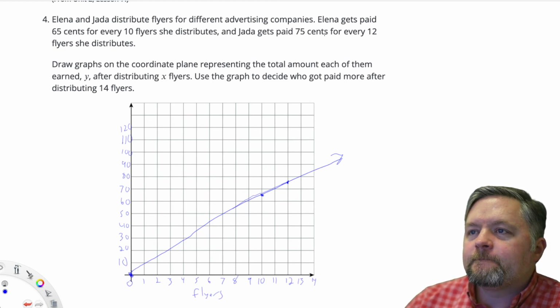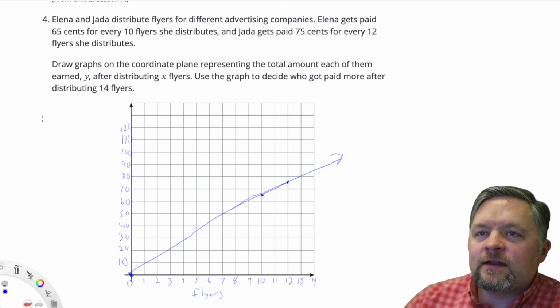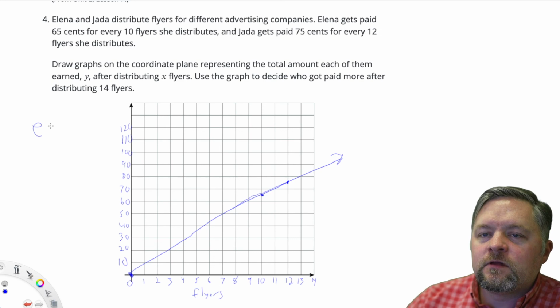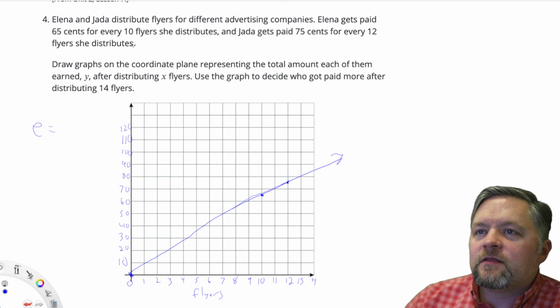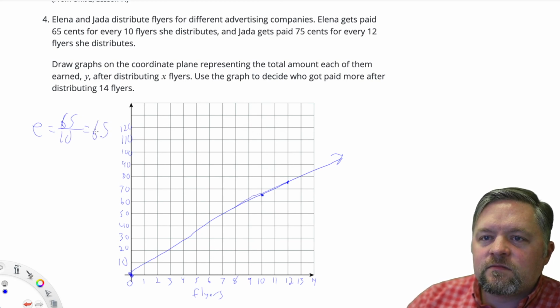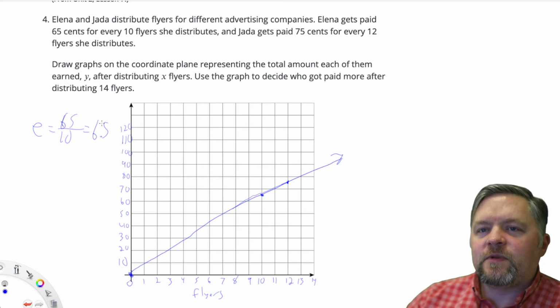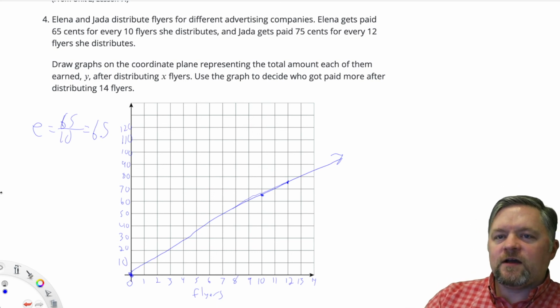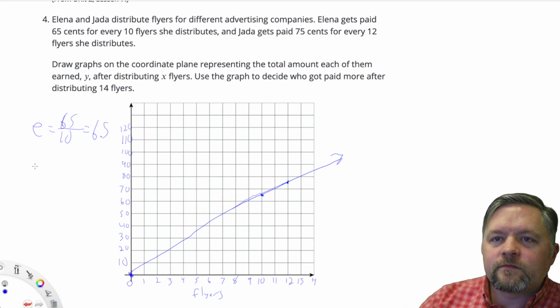But I know for Elena, they get 65 cents for every 10 flyers. 65 divided by 10 is 6.5. And who's the other one?